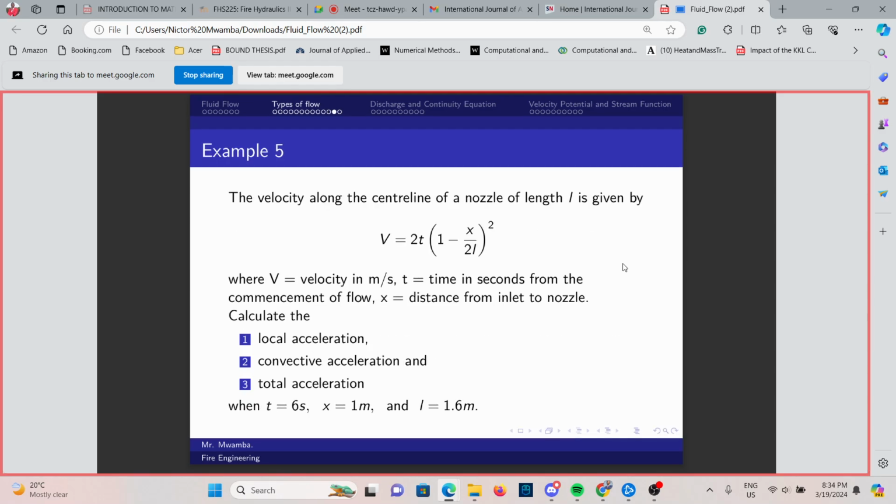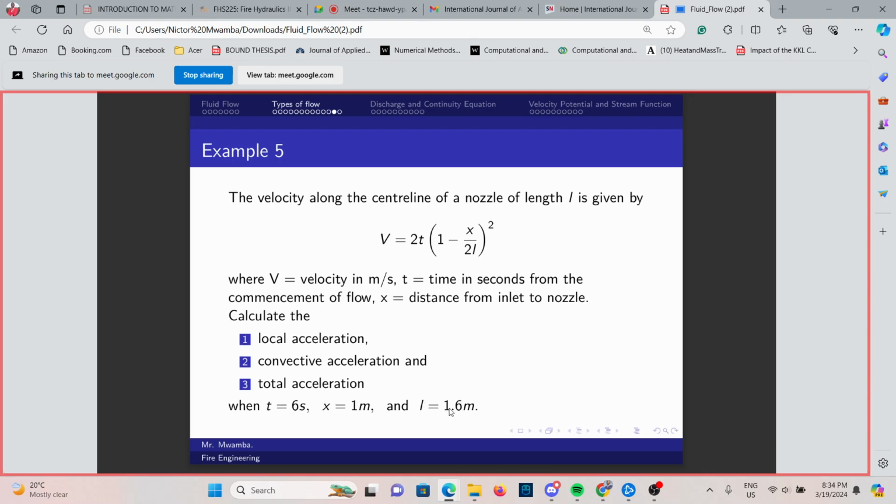Okay, let's do the next example. In the next example, we've been given the velocity as v equal to 2t times (1 minus x over 2L) squared, where v is the velocity, t is time, x is distance, and L has been given.